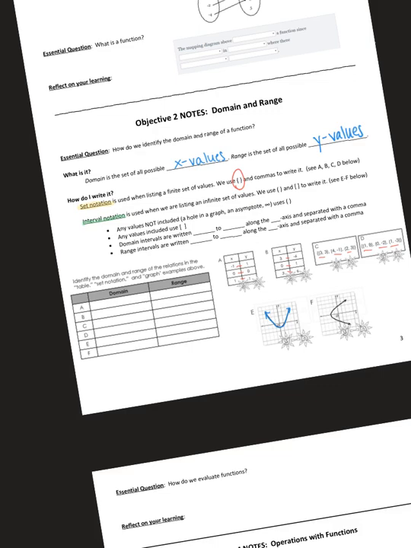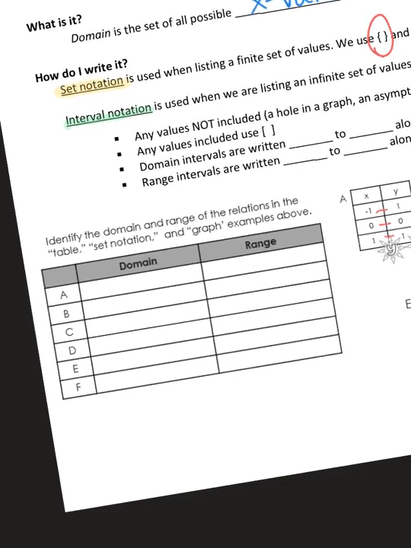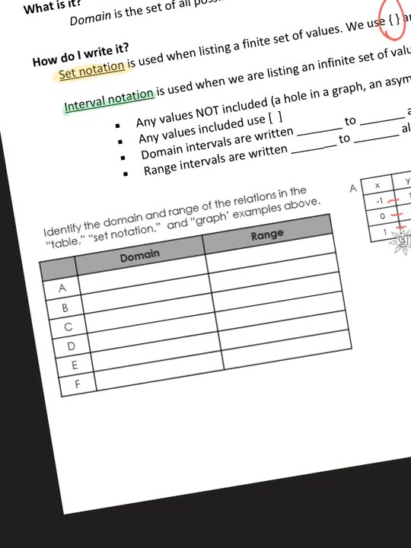So we are going to write the domain and the range for A, B, C, and D in this table. Okay, so I'm going to zoom in here. Hopefully we can still see A. And for domain, when we talk about either set or interval notation, first of all, we can say that the domain is this D with this double bar, and then we give a colon, and then we open our set.